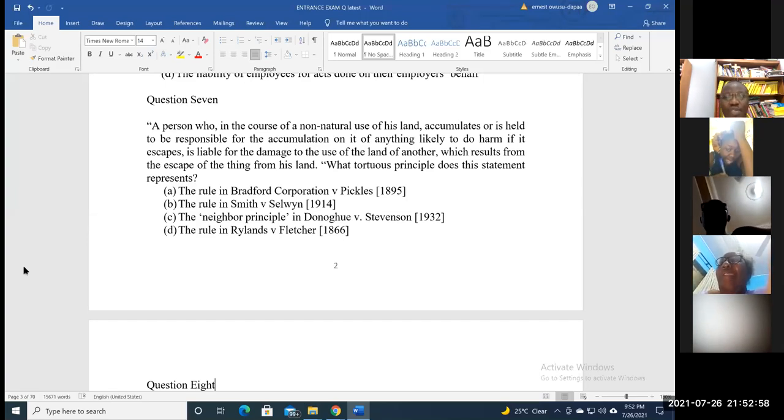The double felonious principle. Remember the double felonious principle? Who remembers it?